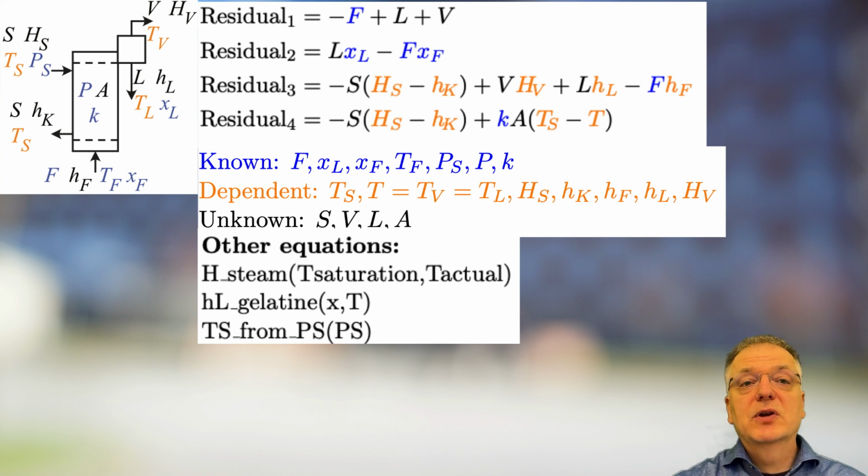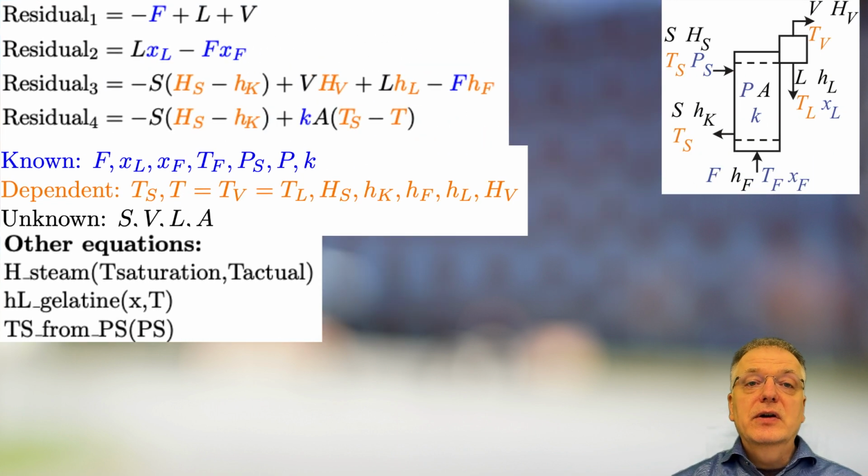We could perhaps have used Antoine's equation for that, but we have provided routine TS from PS for you instead. So we have HT, a function of T saturation and T actual, gives us enthalpy of saturated or overheated steam. HL gelatin, a function of X and T, gives us enthalpy of water solutions of gelatin, and Ts from Ps, as a function of Ps, gives us condensation temperature given the steam pressure.